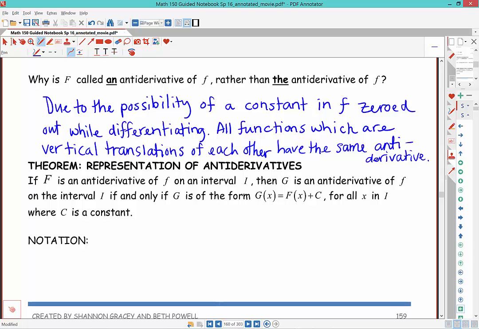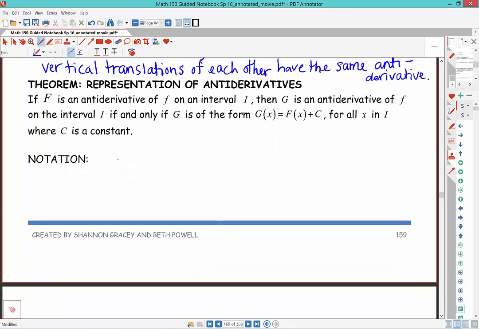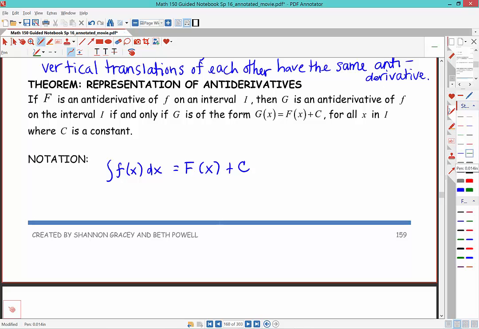So the notation looks like this. You have something along these lines, the integral of f at x with respect to x equals capital F at x plus c. So this part together, right here, is our G at x because it includes the antiderivative plus the constant. All right, so over here, let's put it in words.